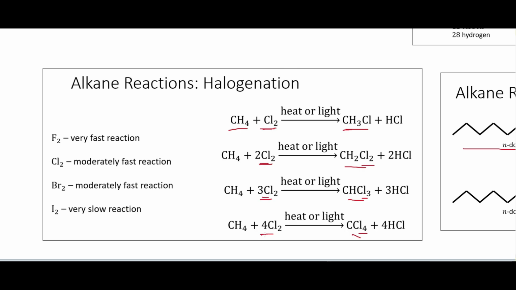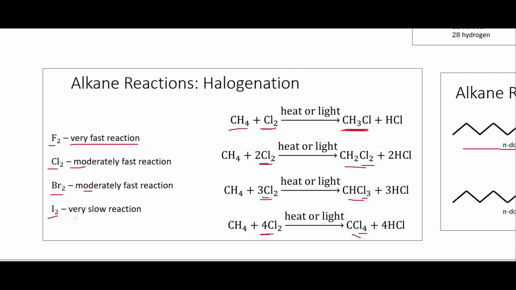And so with fluorine, this reaction is very fast, so that's a bit harder to control because it's just going to quickly go to the products, and it's not going to care what ones of these we end up with, whereas Cl2, so chlorine and bromine, are going to be a little bit easier to control because they are only moderately fast, and then iodine is very slow, and in fact you will probably find that you're not getting much reaction at all with iodine.